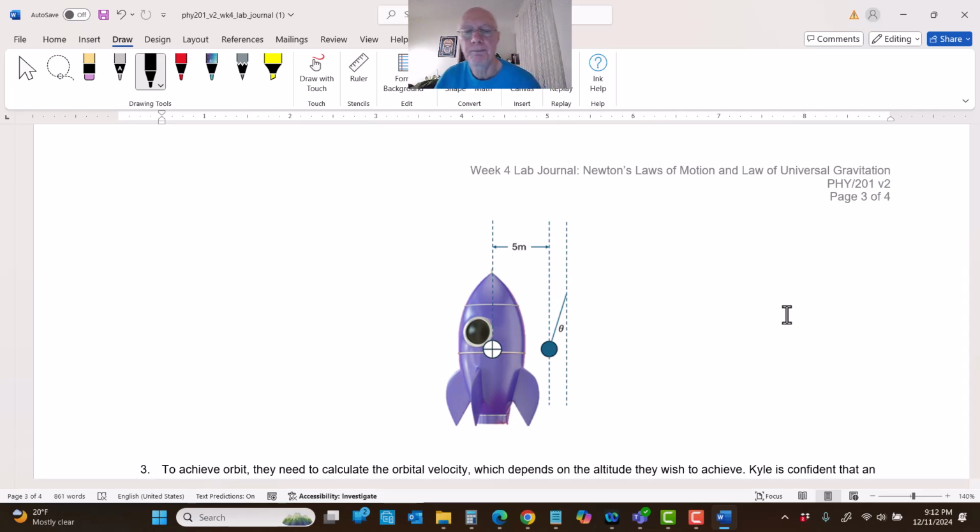set this problem up. So I'm going to make a free body diagram, just a free body diagram for the pendulum bob.